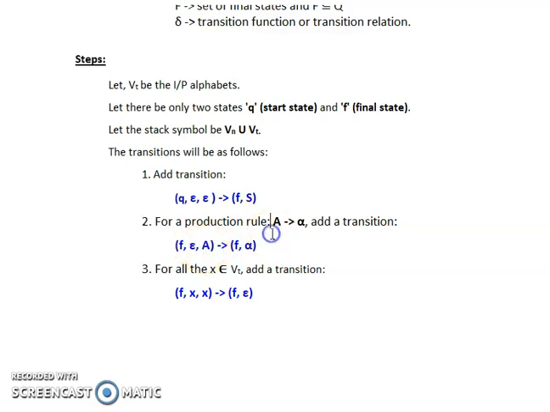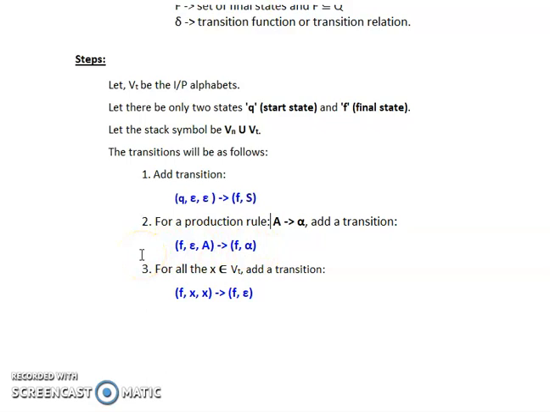A means the non-terminal which was present in the left hand side of your production rule. Then you will move from final state to final state. That means there is a loop. You are going to be on the same state. And alpha is a combination of terminals and non-terminals. So the left hand side of your production rule is copied as it is over here.